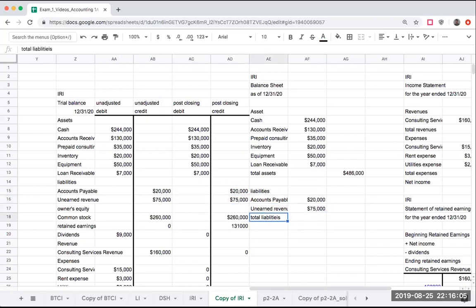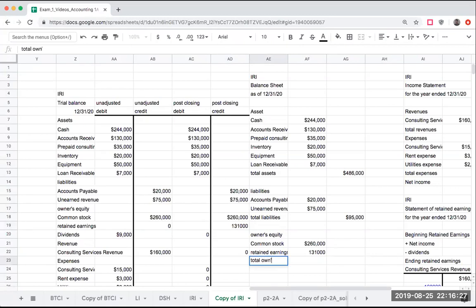Over here, my total liabilities are 95, and then I'm going to have owner's equity, which is going to be my common stock and then my retained earnings. So over here, I've got 260, and in here, I've got 131.